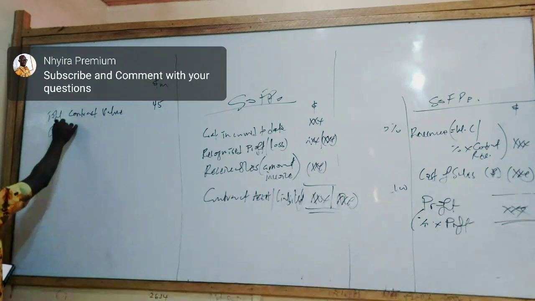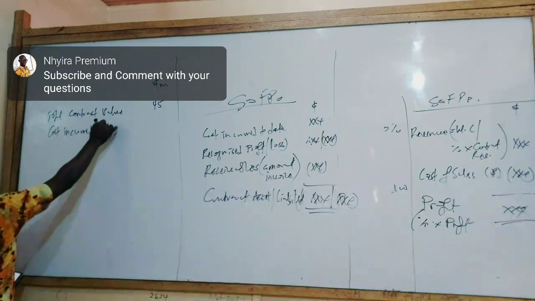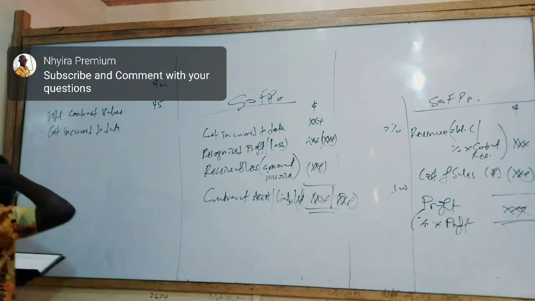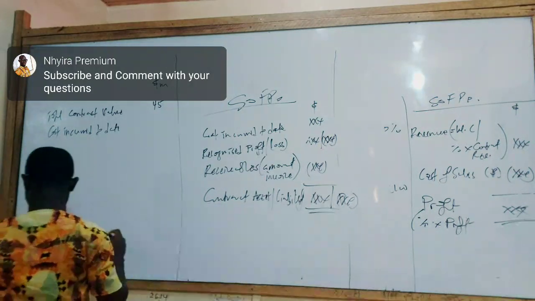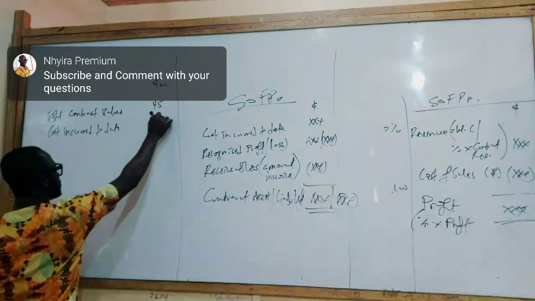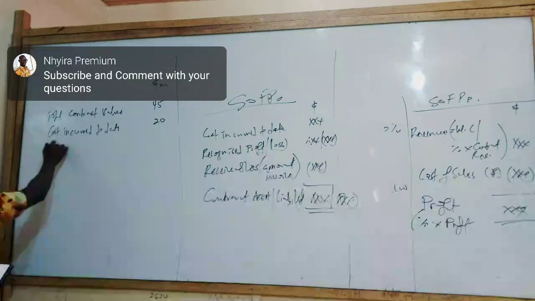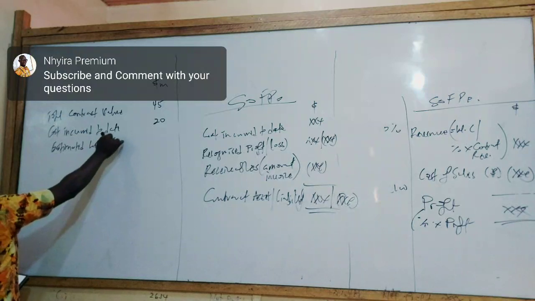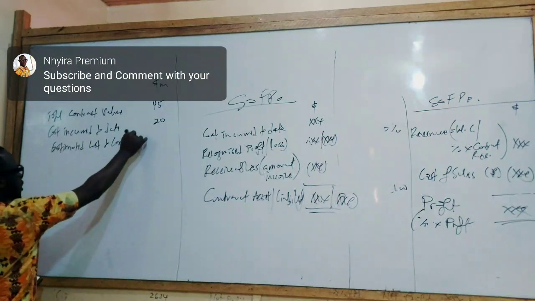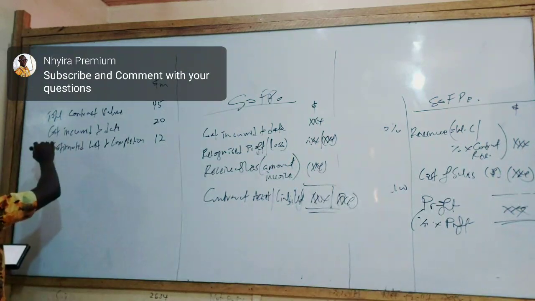Cost incurred to date. So we are given cost incurred to date, that is 20 million. And then estimated cost to completion, that is 12 million.